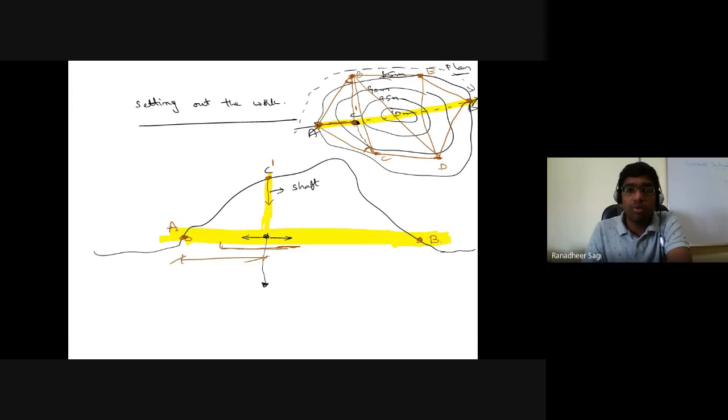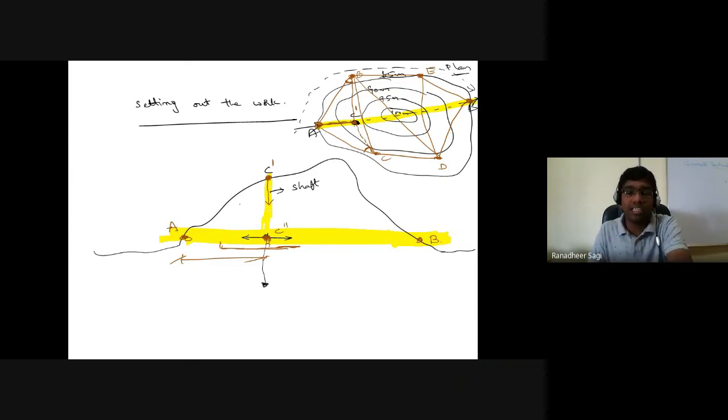Because the C dash point RL is known, this particular point, maybe C double dash, is what I should reach to connect to the tunnel path I am preparing.